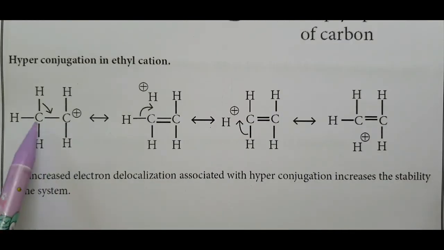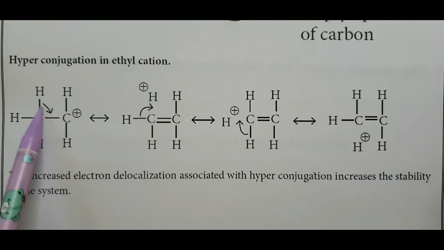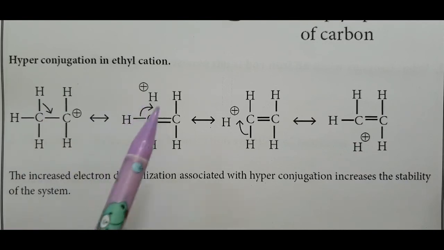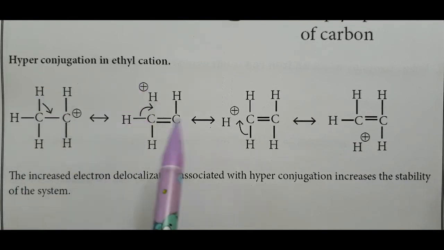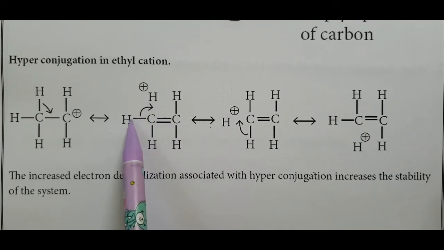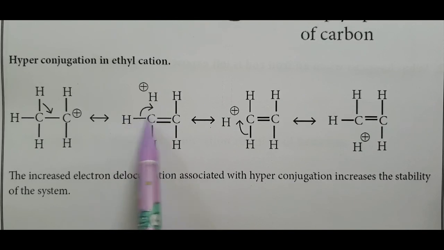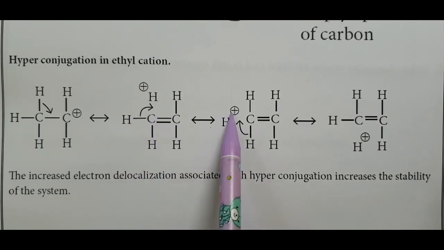What happens? The carbon hydrogen sigma bond is shifted between the two carbon atoms. Therefore, now there is no bond between carbon and hydrogen. Hydrogen becomes a positively charged ion. One more sigma bond shifting takes place. The bond is nothing but negatively charged, minus moves towards plus. Now there is no bond between carbon and hydrogen, and the positive charge is on this hydrogen atom.